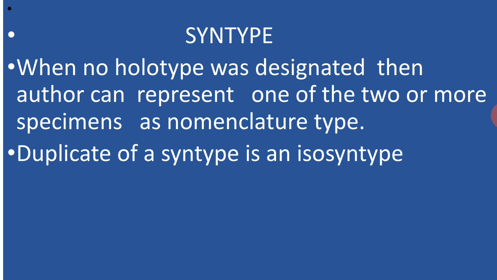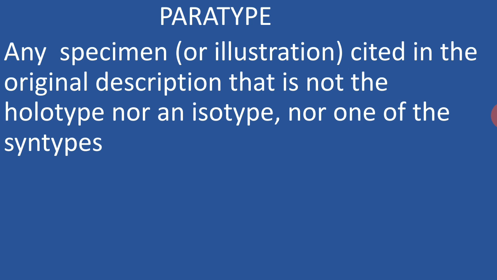Syntype. When no holotype was designated, then the author can represent one of two or more specimens as the nomenclature type. A duplicate of a syntype is an isosyntype. So a syntype is a collection of two or more specimens as the nomenclature type, whereas the iso and holotype are single specimens. Paratype, meaning parallel name.